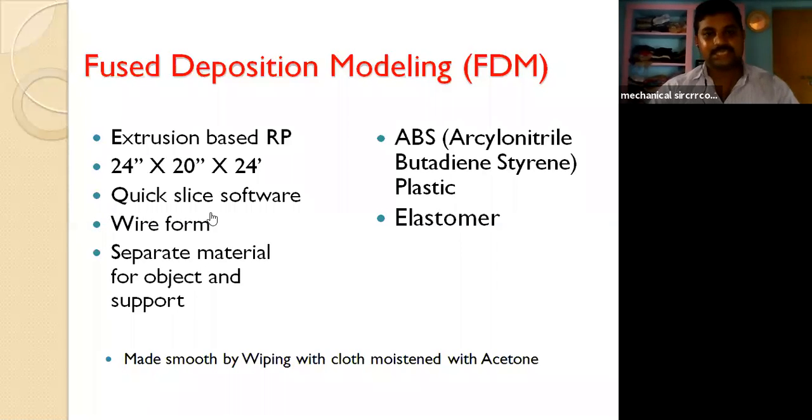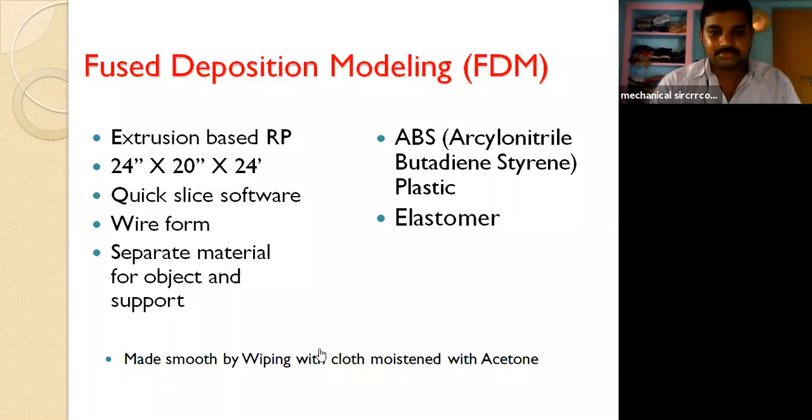Here we are discussing the features. The material is initially provided in the form of wire, with separate material for the object and support. The same materials will not be supplied. Generally the original material has better strength compared to the supporting material, so the supporting material is there to support the original material.